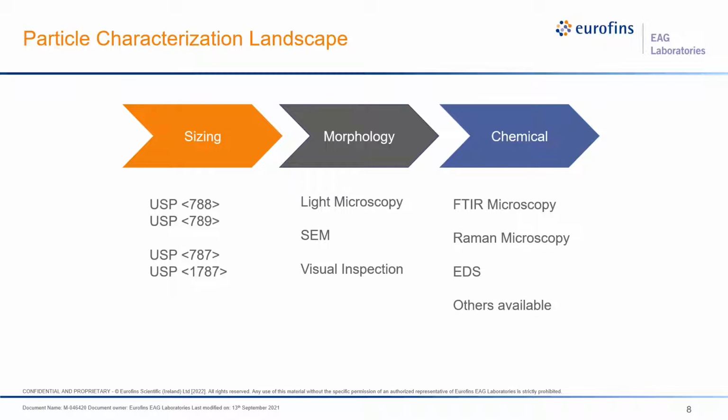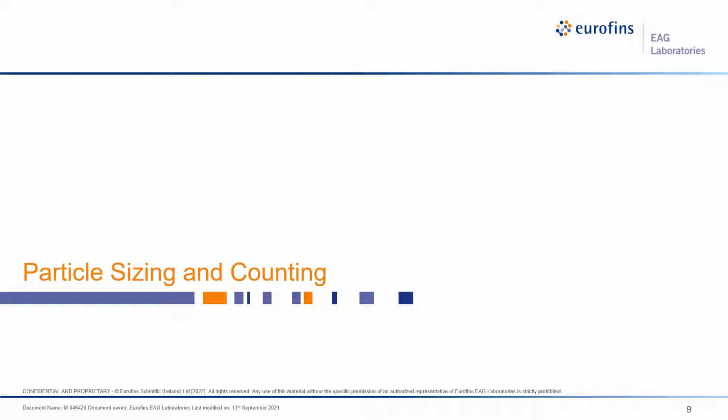The human eye is a very powerful detector. The chemistry of the particles is usually done by some type of analytical instrument. Commonly used ones are FTIR microscope and Raman, SEM-EDX, and there are other techniques available as well. We'll go into these three parts in a little more detail later.